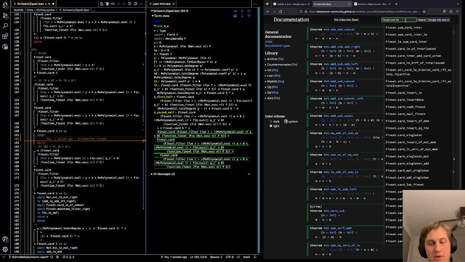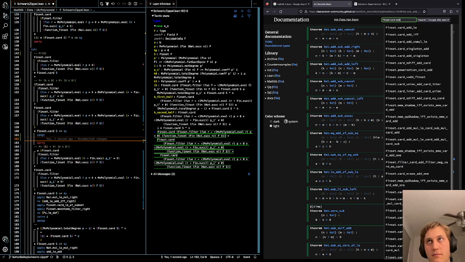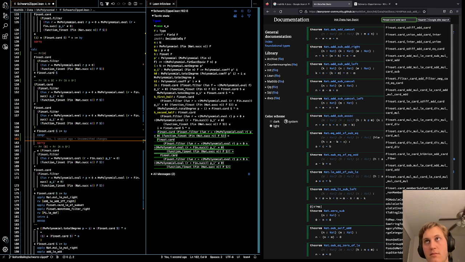Card add card, maybe card_add_card? Card union, add card inter.